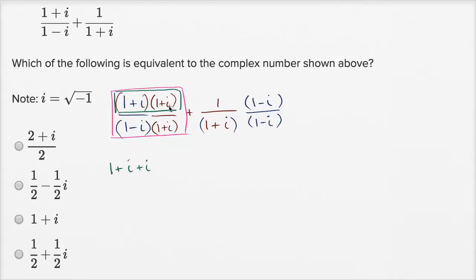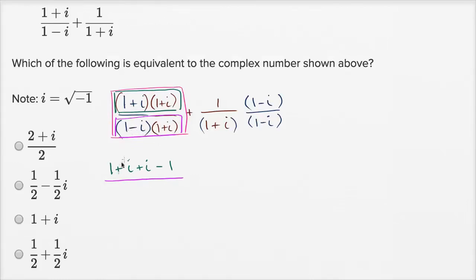And then i times i is negative 1. And then this denominator over here is going to be 1 times 1. You could say that this is a difference of squares, but let me just multiply it out, and we'll see that it's a difference of squares.